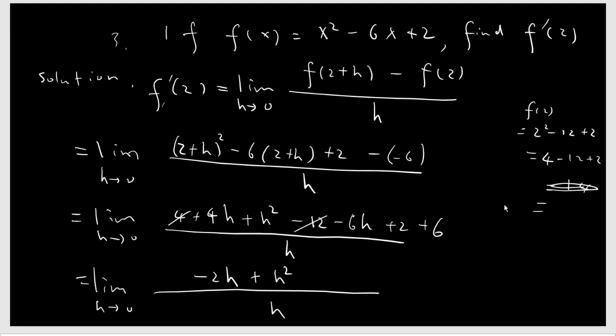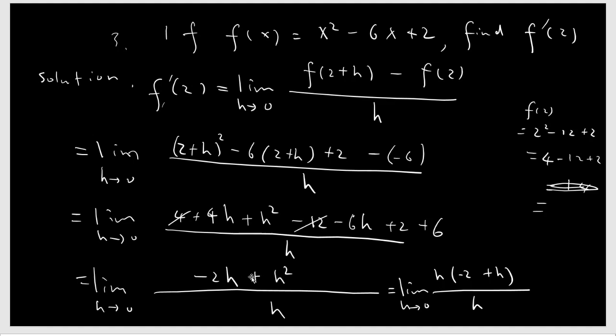Okay. Now remember, I told you to factor before cancelling, right? Factor before cancelling, please. You take out h, negative 2 plus h, right? The numerator has a common factor of h.